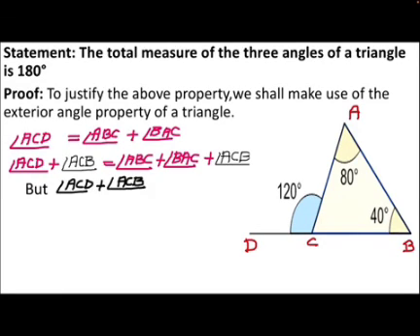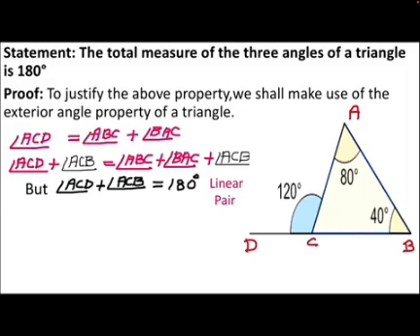Okay. Now, angle ACD plus angle ACB, that is this angle plus this angle equals 180 degrees. How do we know this? They form a linear pair. All of you know what a linear pair is by now. Okay. So, they form a linear pair.